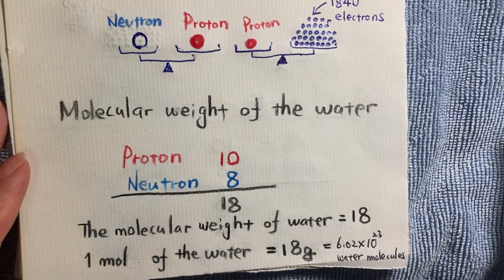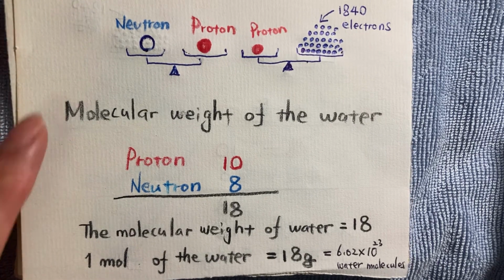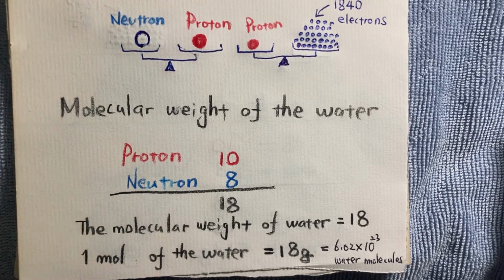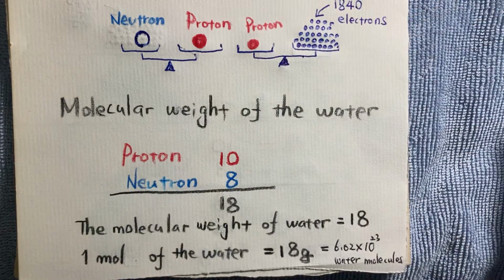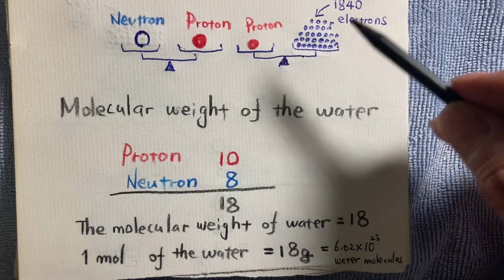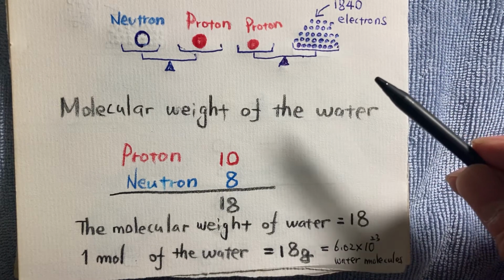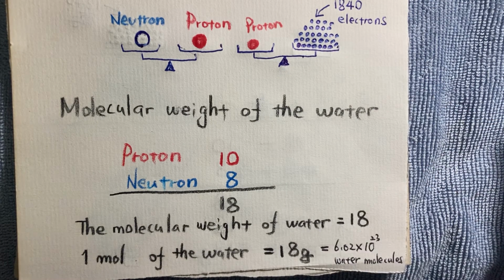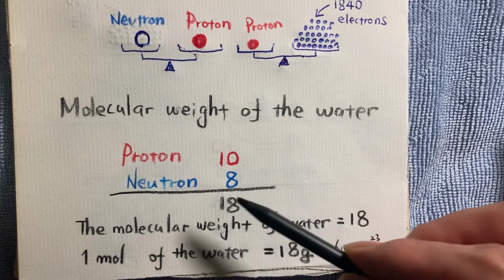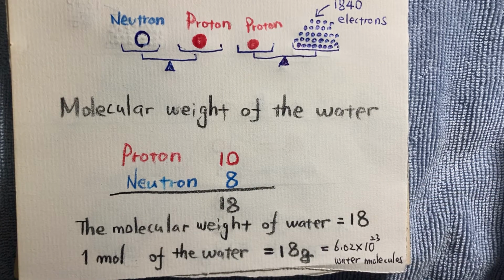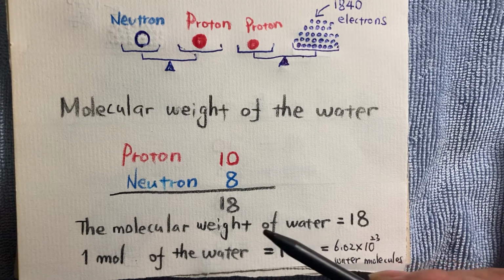I'll summarize the molecular weight of water. Protons and neutrons both weigh the same. The electron is very light, so we can ignore it. A water molecule has 10 protons and 8 neutrons. So H2O has a molecular weight of 18.